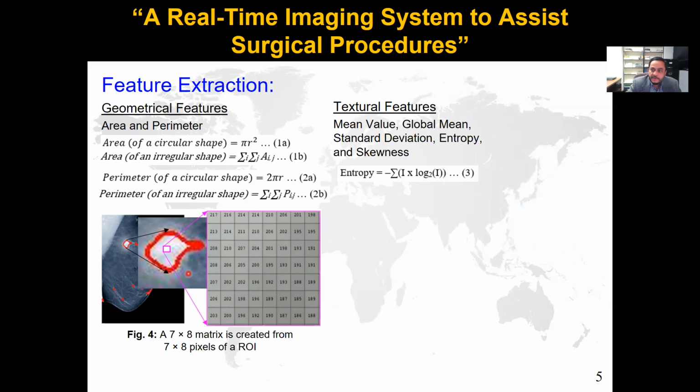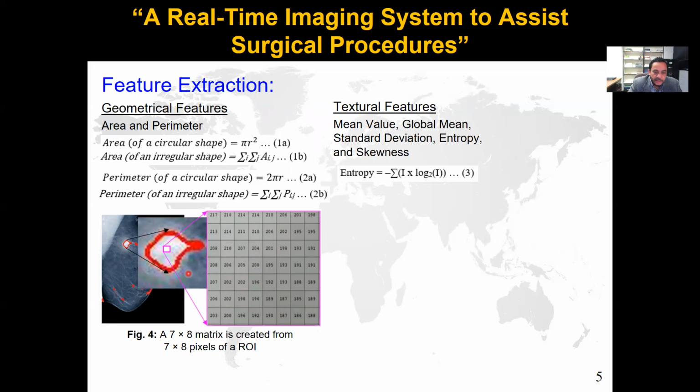But if it is a circular shape or rectangular shape, then we can use geometric formula to calculate the area and perimeter. But if they are in some random shape, then we break it down into smaller pieces, and then we calculate the area of each smaller piece, and then we add them up.